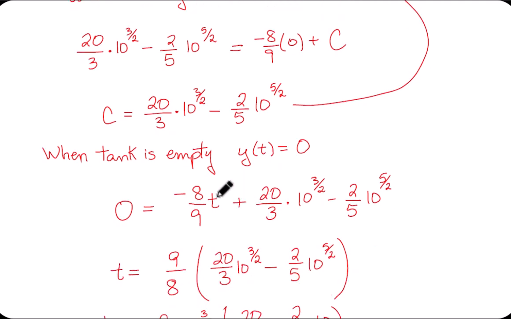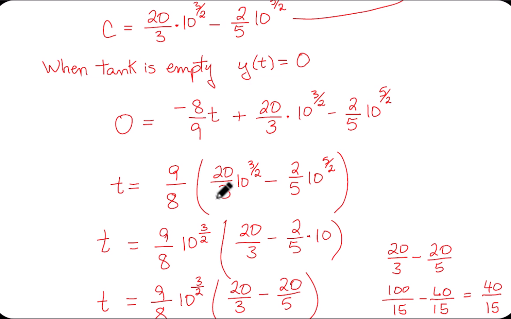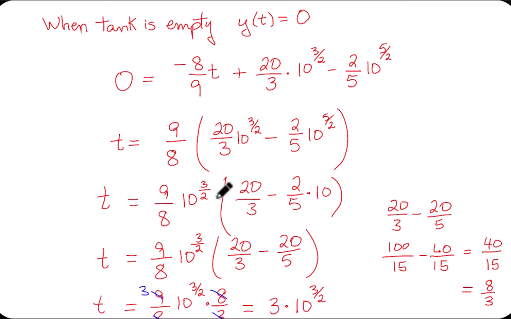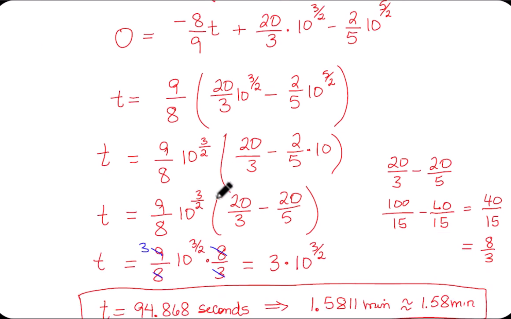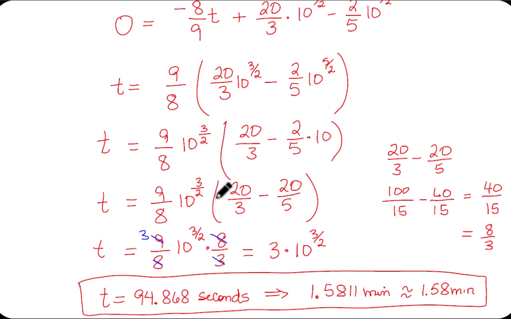I'm solving for t, the time, when the height is 0. Again, a lot of grinding. I'll let you go through that slowly. Eventually we get 94.868 seconds, because remember we had the gravitational constant in terms of seconds, so the time I solve for is in seconds.